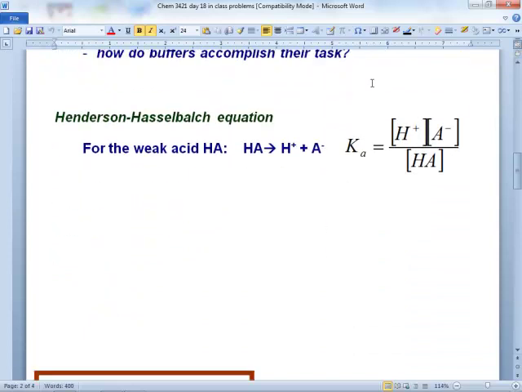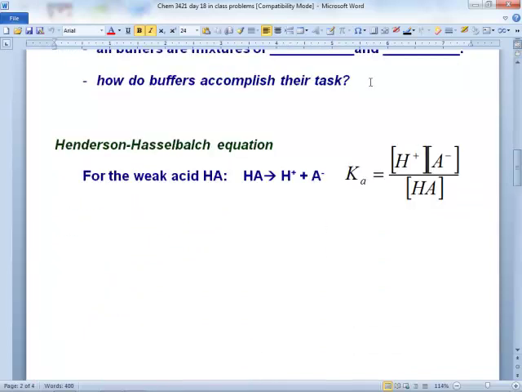Okay. So when you're talking about buffers, ICE will always work. I'm telling you, ICE will always work. And you can set up the whole ICE, and you have the Ka, right? You look up the Ka for the conjugate acid, whatever it is, and you can do the whole ICE thing and get pH. But man, it is so much faster to use the Henderson-Hasselbalch equation.